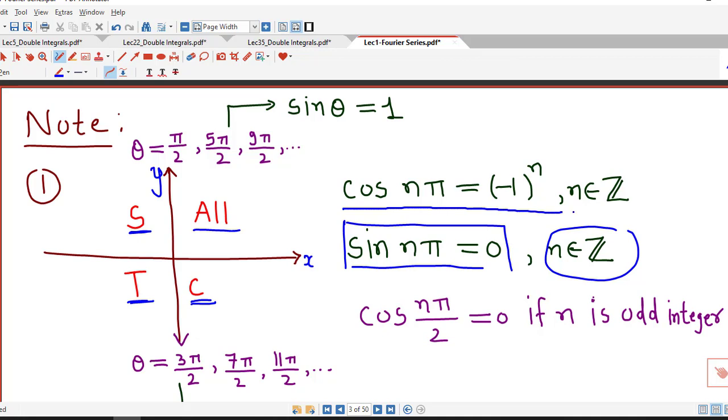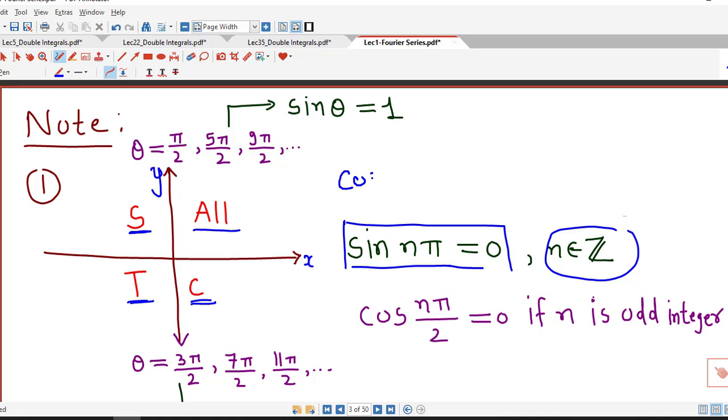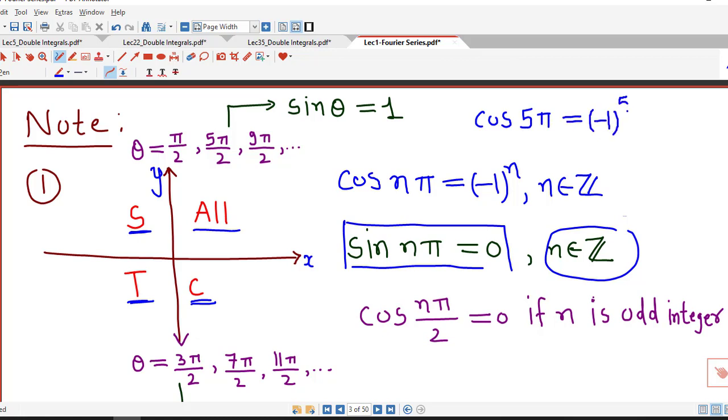Cos nπ equal to (−1)^n if n is an integer. For example, if we want to find cos 5π, we will consider (−1)^5, which is −1, and cos 8π is (−1)^8, which is 1.